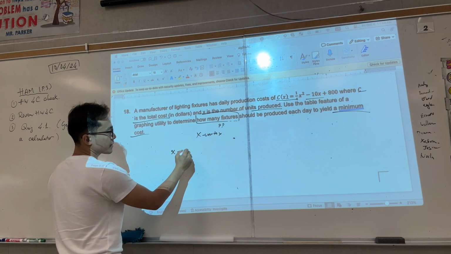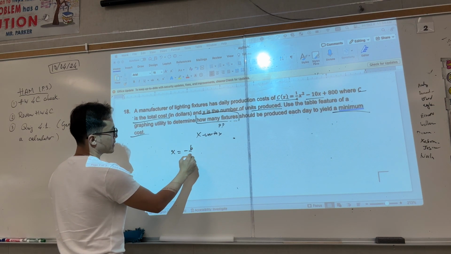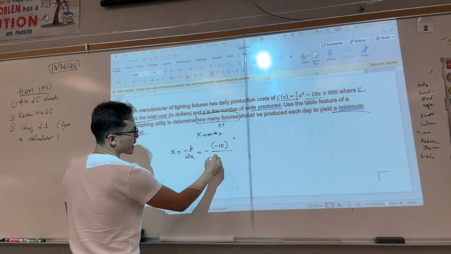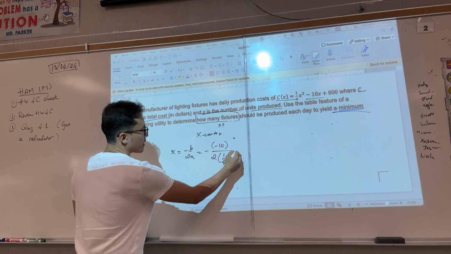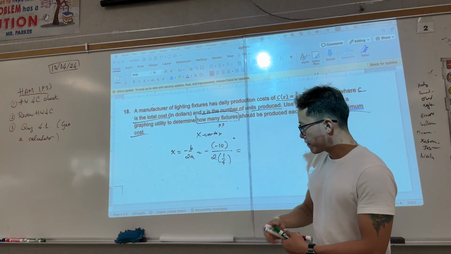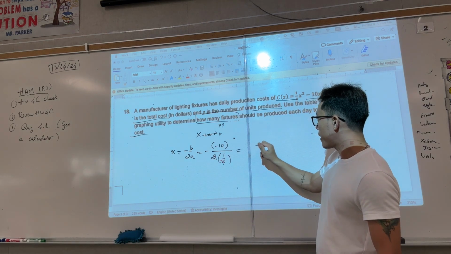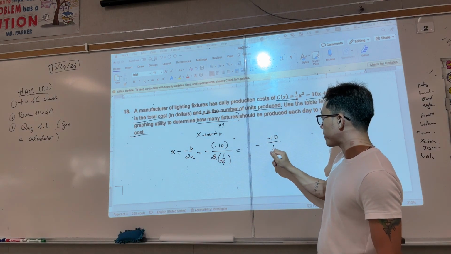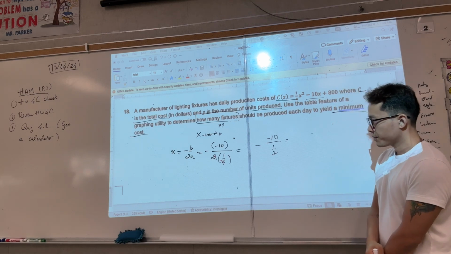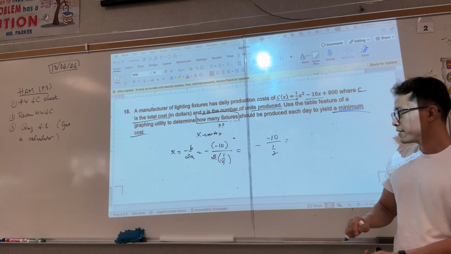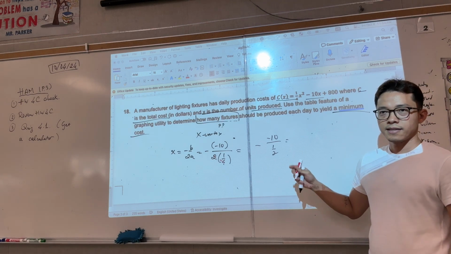X vertex, negative b over 2a. That's it. So negative, or negative 10. If you make any mistake, it comes from computation. Work with this first. The 2 times this is going to be 1/2. So you're going to have negative 10 over 1/2. How do you do this, Bernard? Keep, change, flip. Okay, you can do keep, change, flip. Or what is the trick?